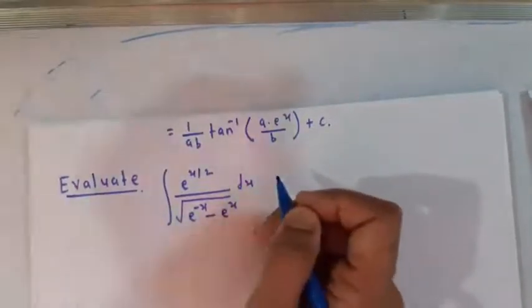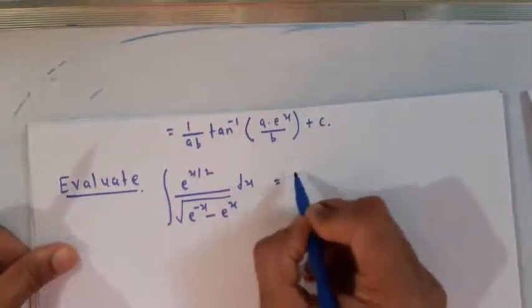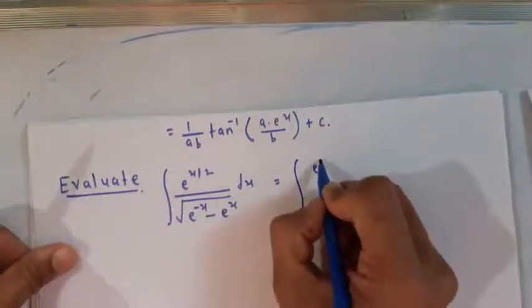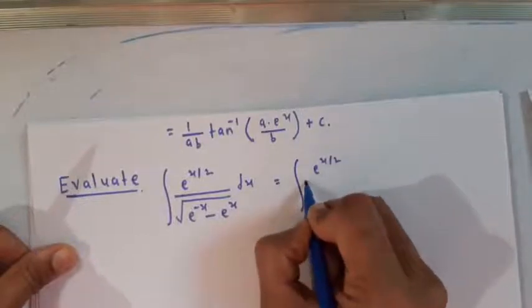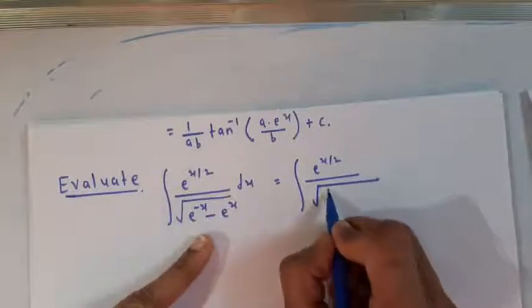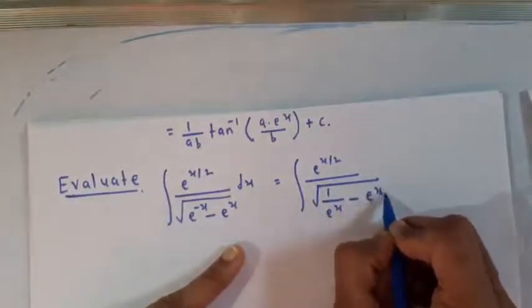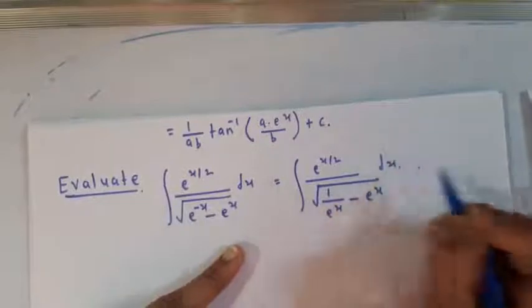Okay students, first let us simplify. How to simplify? That is e raised to x by 2, and square root of e raised to minus x means 1 upon e raised to x, minus e raised to x, with respect to x.